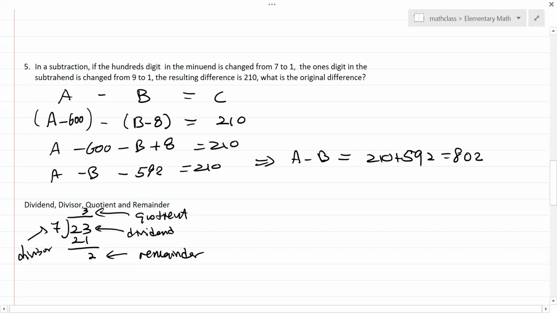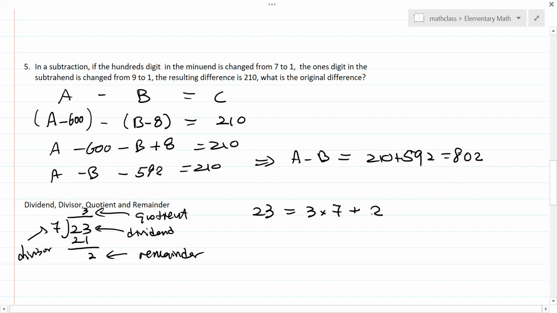Now, how do you express them in a different way? This can be expressed in different ways. 23 is going to be the quotient 3 times 7 plus 2, okay?